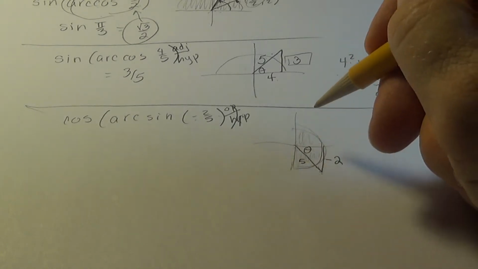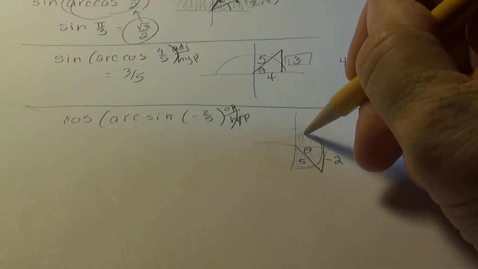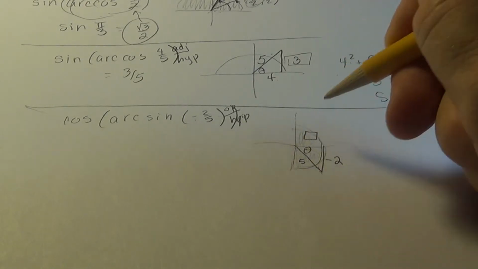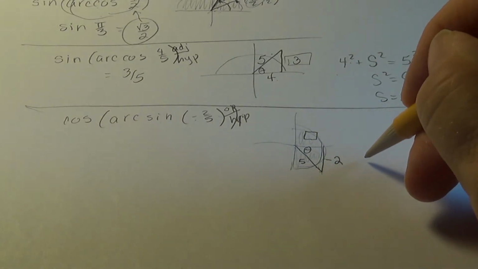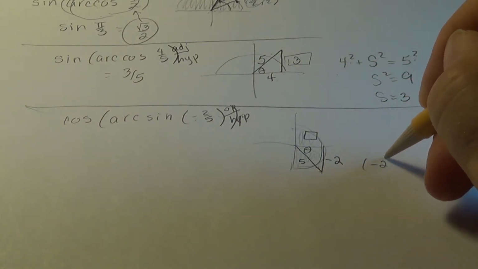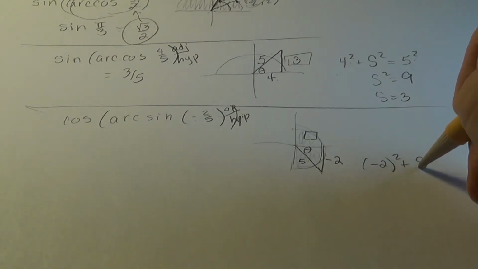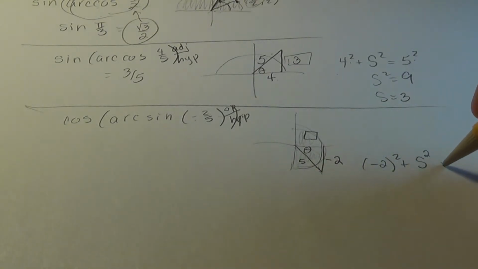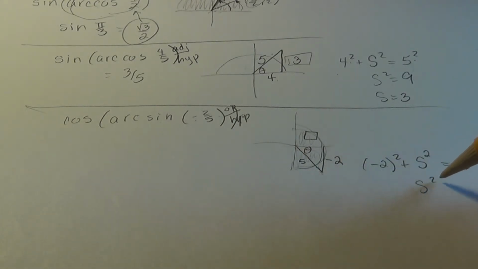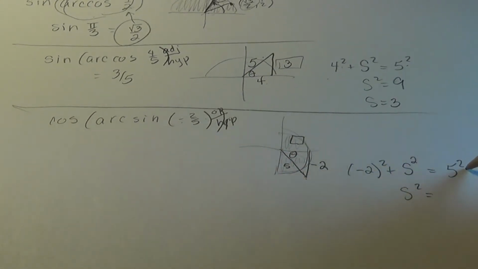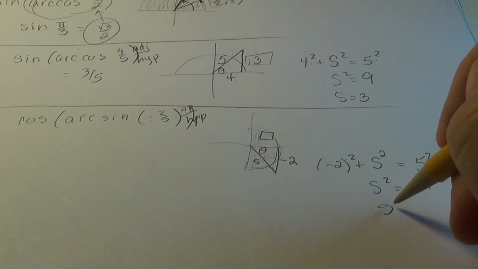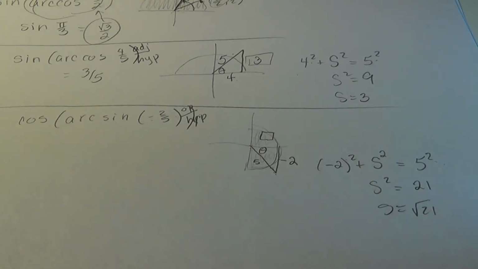So 5 is there, and we use Pythagorean to find the unknown value. It's -2 quantity squared plus that unknown side squared equals 5 squared. So this time side squared equals 25 minus 4, which is 21, so s equals the square root of 21.